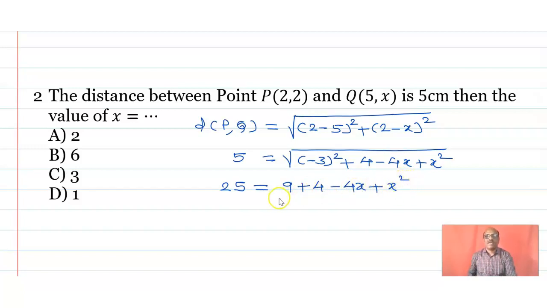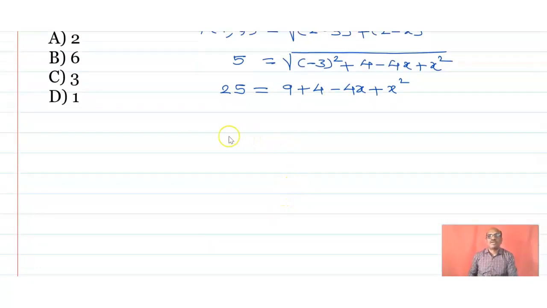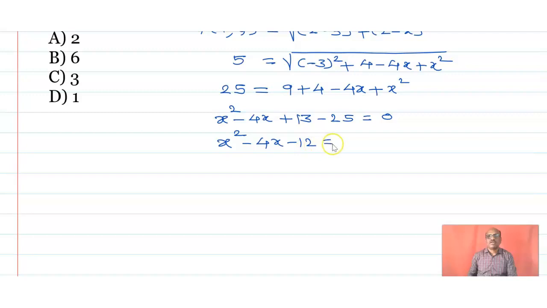Okay, now again here we will simplify, that is x square minus 4x, 9 plus 4, that is 13 minus 25, and that equals 0. And if we simplify this, then you will get x square minus 4x minus 12 equals 0.